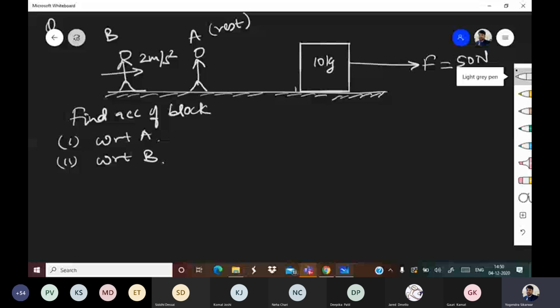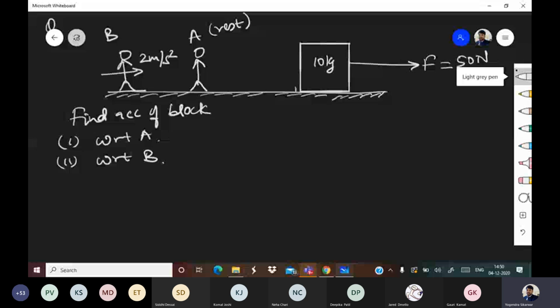So what we can see is F resultant in a frame is 50 and that should be equal to mass into acceleration. So 50 is equal to mass, which is 10, into A. So A comes out to be 5 meters per second square. Okay, this is with respect to A, correct?